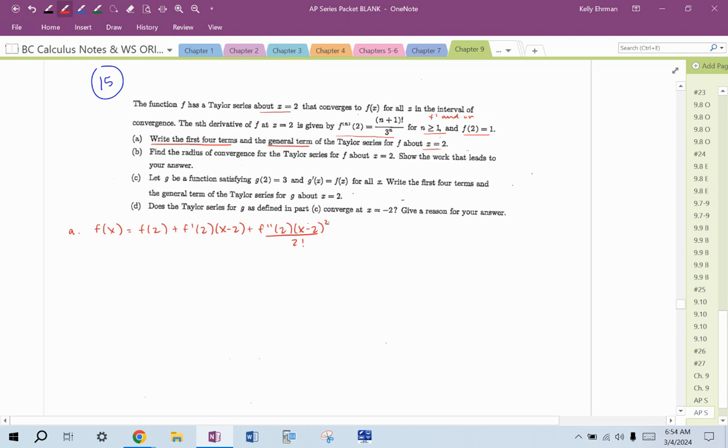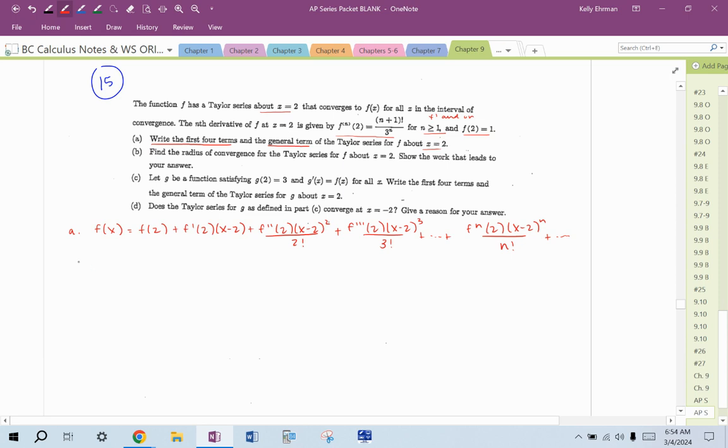What do we need? The first 4 terms. So 1, 2, 3, plus the third derivative at 2 times x minus 2 to the third over 3 factorial, plus dot, dot, dot, plus the nth derivative at 2 times x minus 2 to the n over n factorial, plus dot, dot, dot, make it infinite.